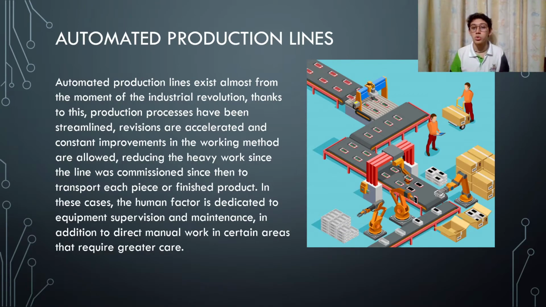Automated production lines are better to use in processes that follow an order. An example is when they need to make a car, an automobile. First, they need to build the body. After that, they put the motor inside the car.